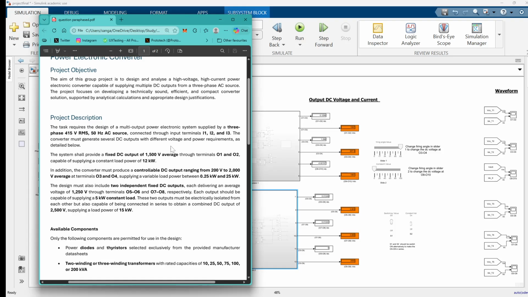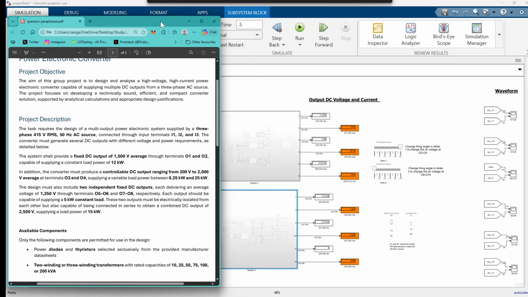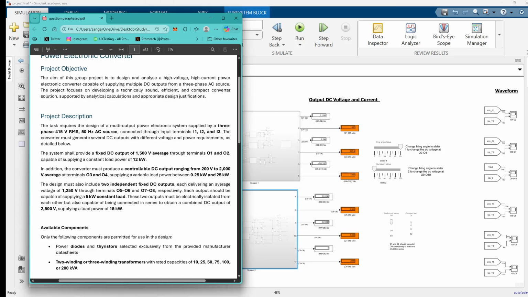It is saying the output terminal O1 to O2 should generate 1500 volt. So it is producing 1507 volt and 0.125 amps of current IDC. This is average current and average voltage.